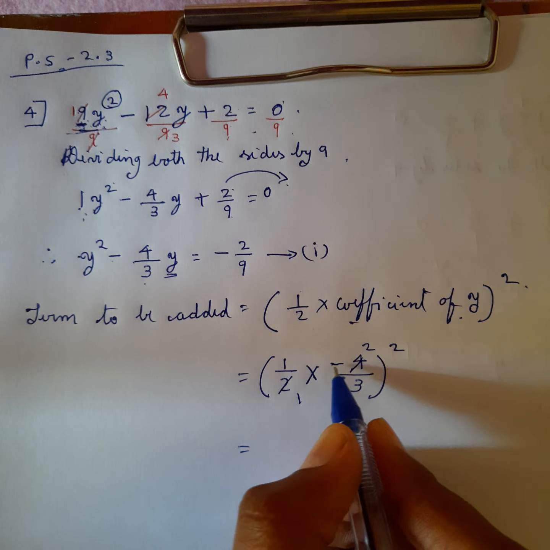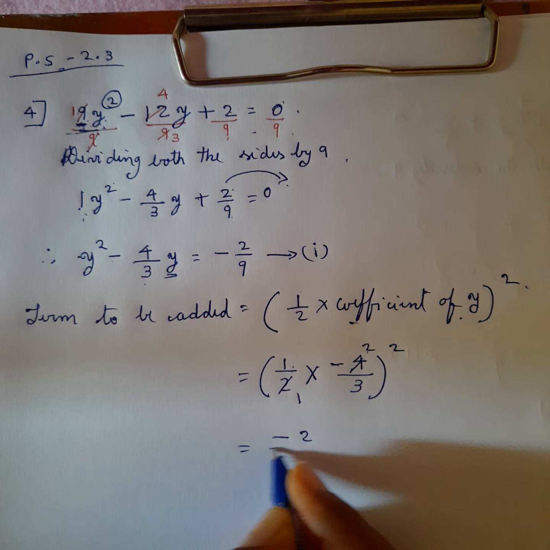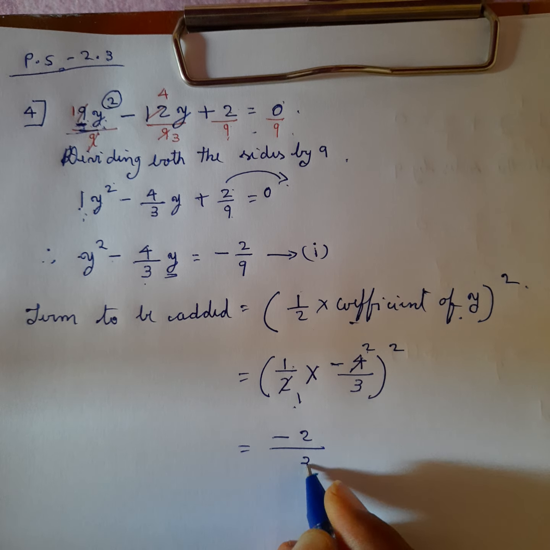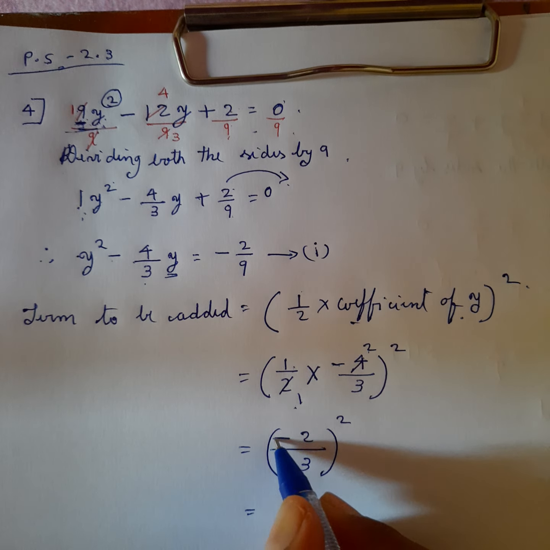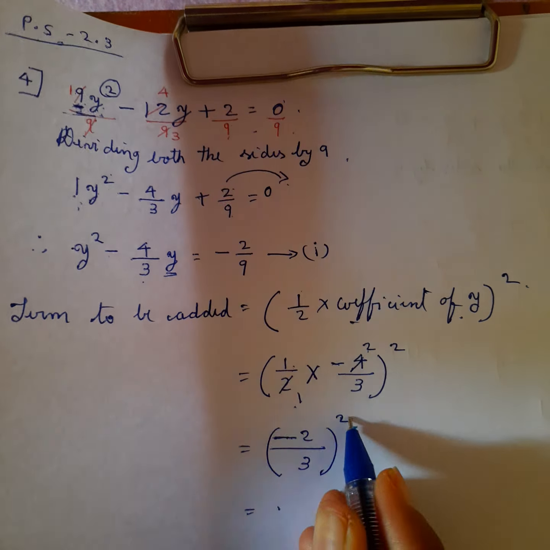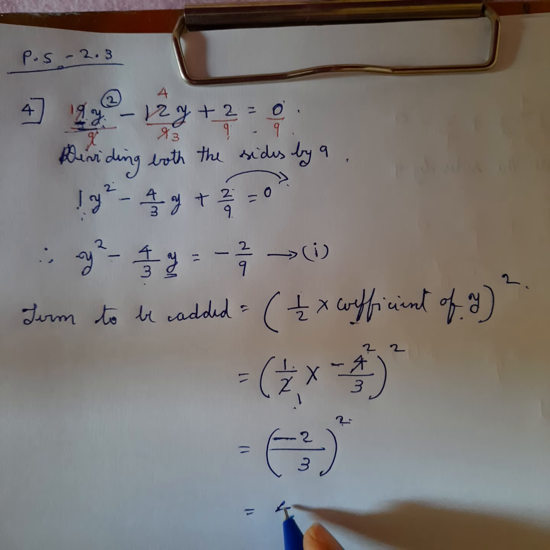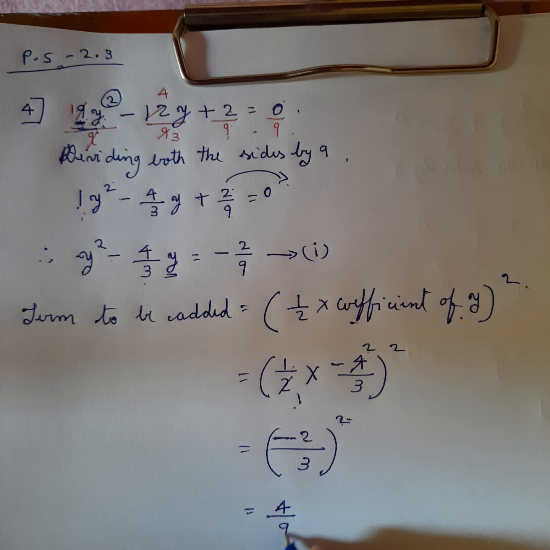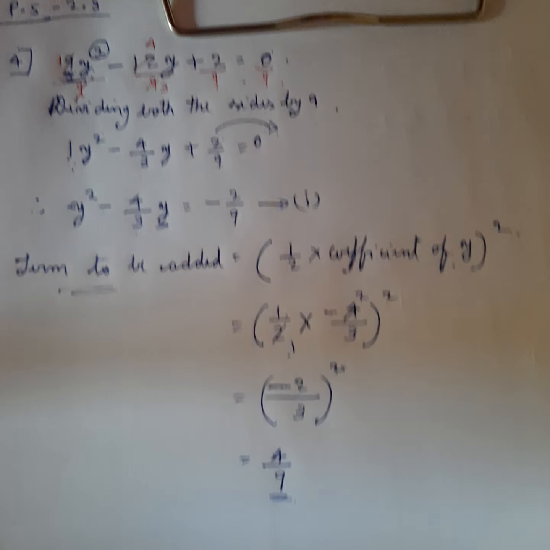So in the numerator it is left, minus 2 1s are 2, by 3 1s are 3, square. Now negative square becomes positive, so remove the bracket and write the value. 2 square is 4 by 3 square is 9. So the term to be added is 4 by 9.